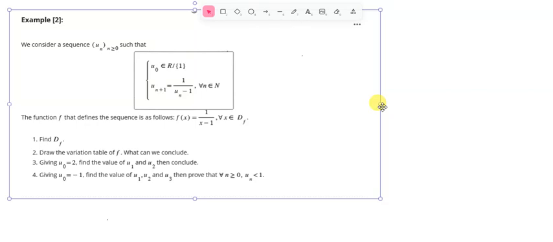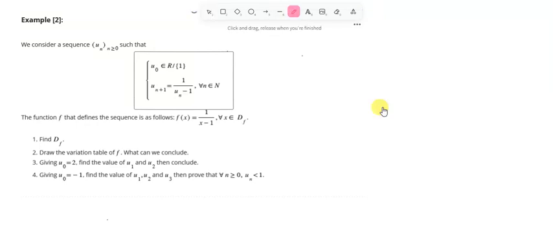So the function that defines this sequence is f of x equals 1 over x minus 1. First, we need to find the domain of the function, and then we will try to draw the variation table of the function so we can conclude what are the intervals that are mapped to themselves using this function.